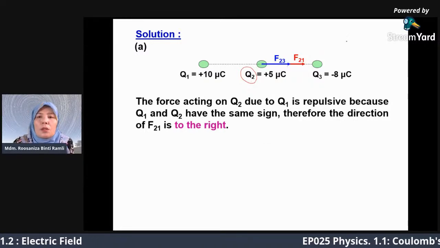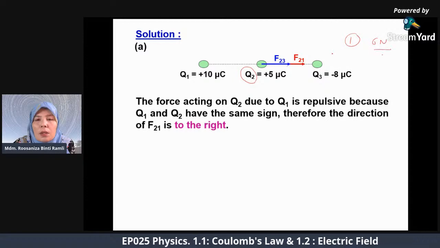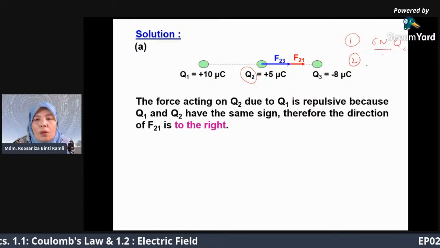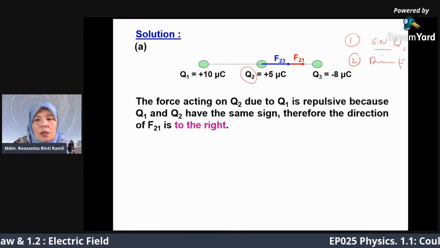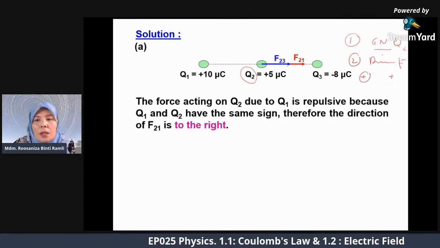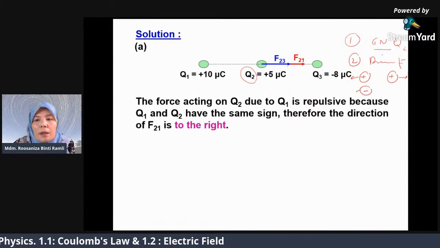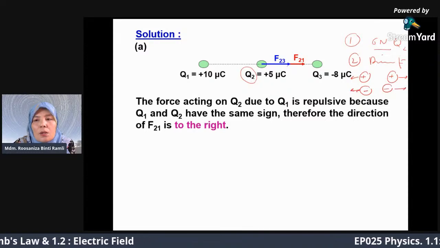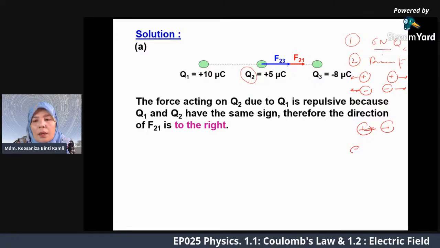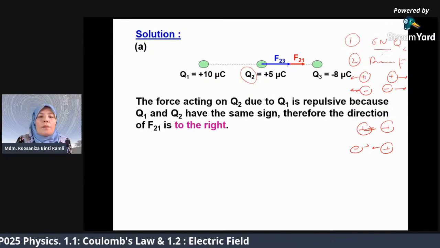Okay. So again, first you have to find the force on which charge. In this case, on charge Q2. And second, you have to draw the force. How to draw the force? You have to know that the same sign will repel, and different charges will attract.